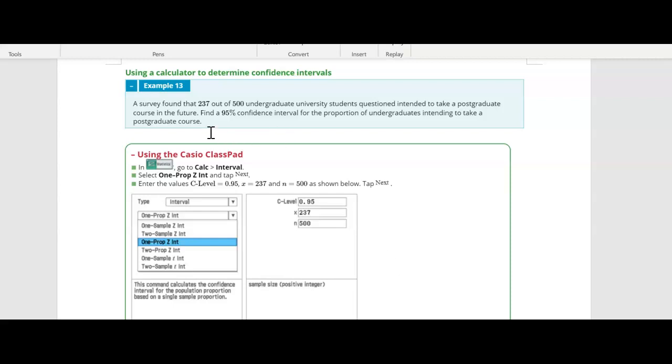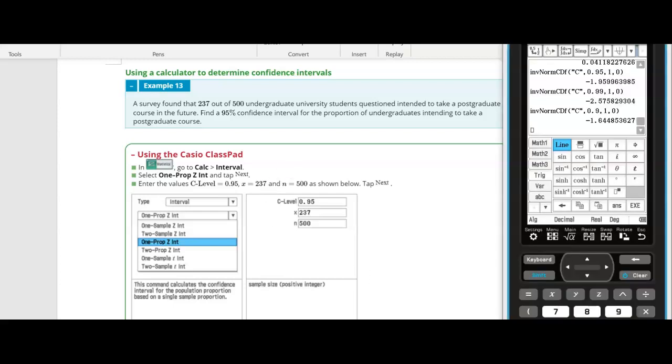You could calculate p hat from this, 237 over 500. You could also calculate the standard deviation because you've got n is 500 and p is 237 over 500. But you could also do it on your calculator. So let's follow the instructions here.